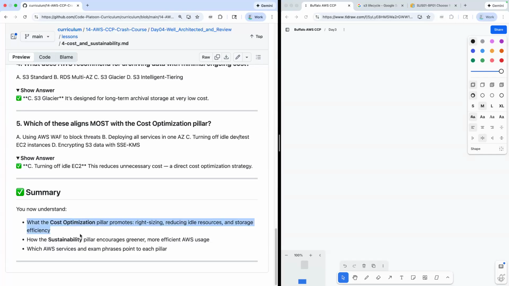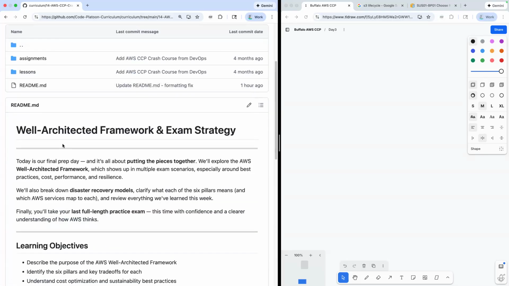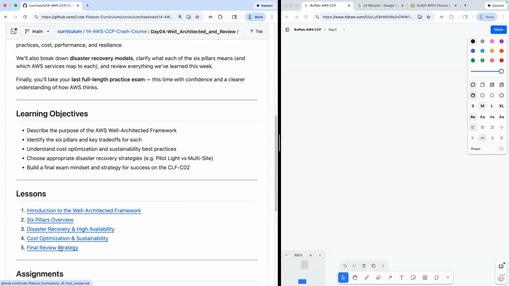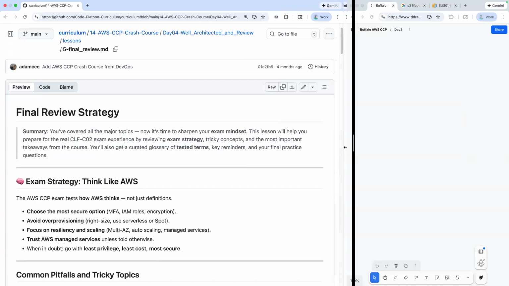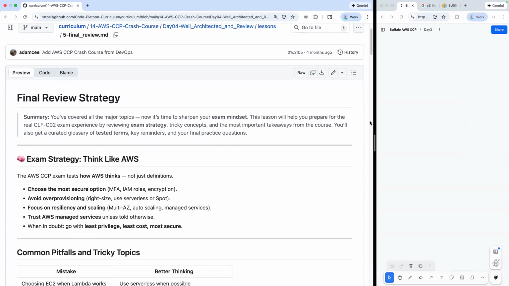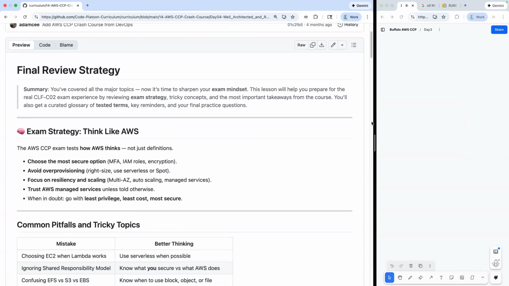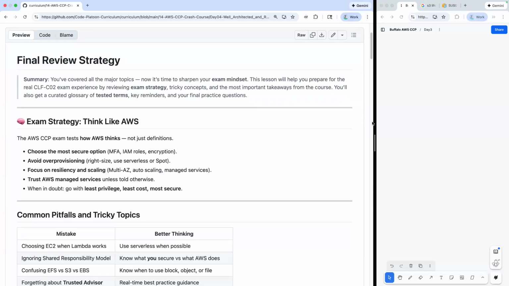So we've covered cost optimization and the sustainability pillar, and this is really our final content from our last day 4 lesson. We do have one more part here talking about exam strategy, and we'll talk about this a little bit. I think we might save the questions to tackle for another day, both in the interest of time and so that we can get some practice in on our own.